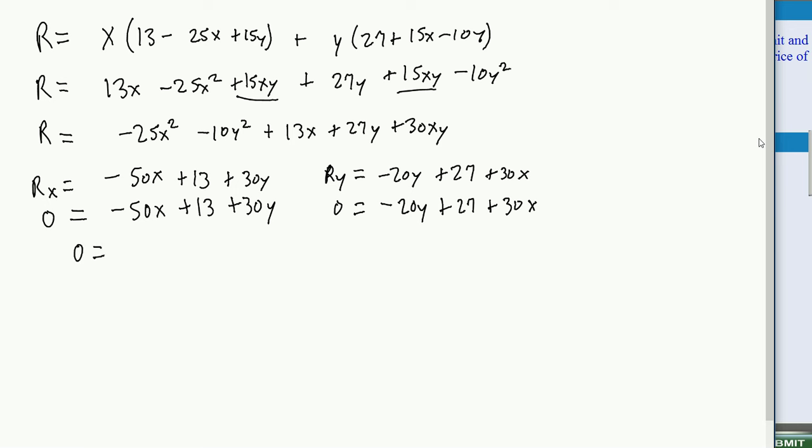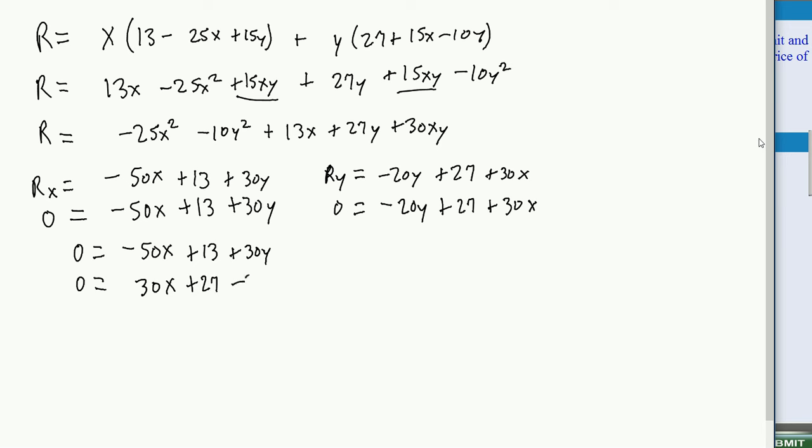So let's write our functions on top of each other. Line up your x's and y's. So for my other equation, I want to put the x's right beneath negative 50x. So I've got 30x there. My constants will come after that. That's 27.